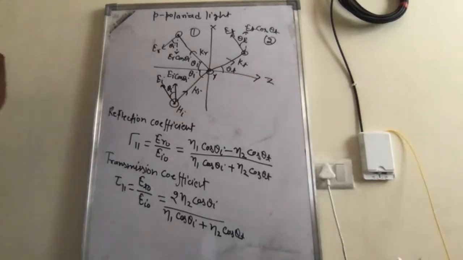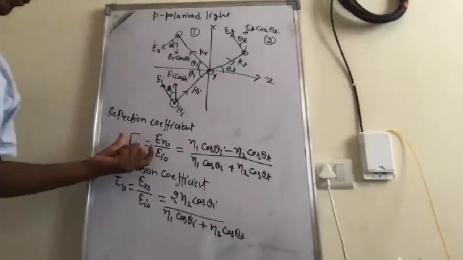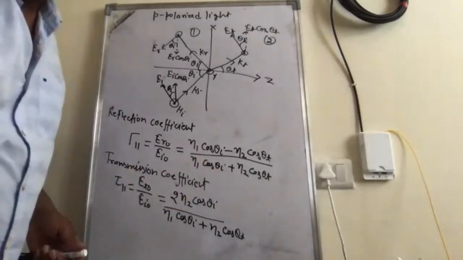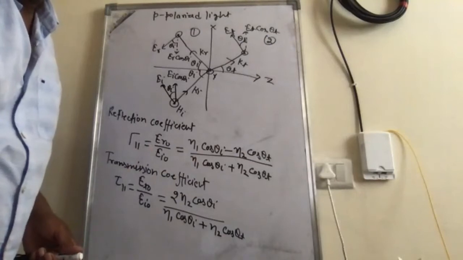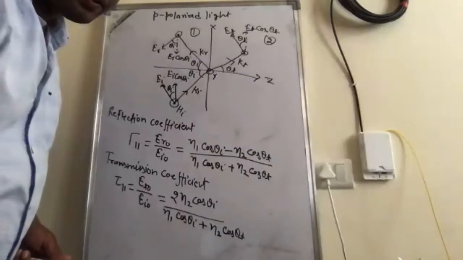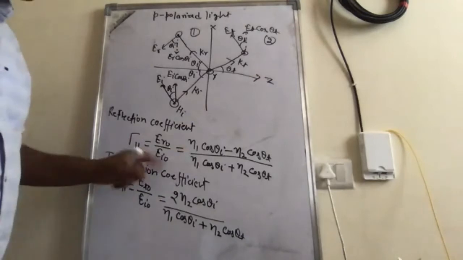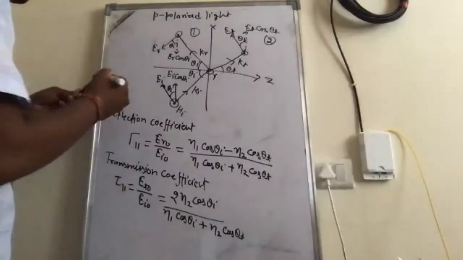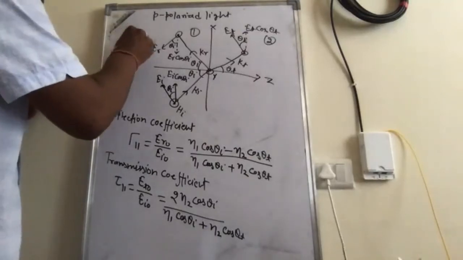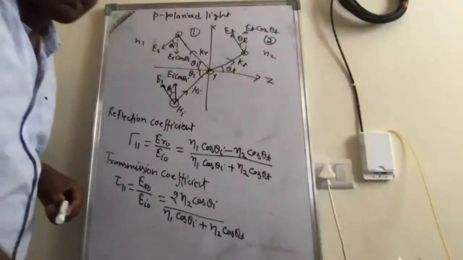So can anyone write this reflection coefficient and transmission coefficient in terms of the refractive index of medium 1 and medium 2? Kindly write them in terms of the refractive index. For medium 1 it is n1, and for medium 2 it is n2, and let me know the answer.